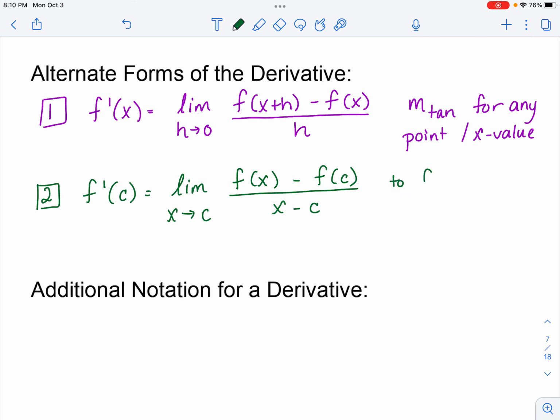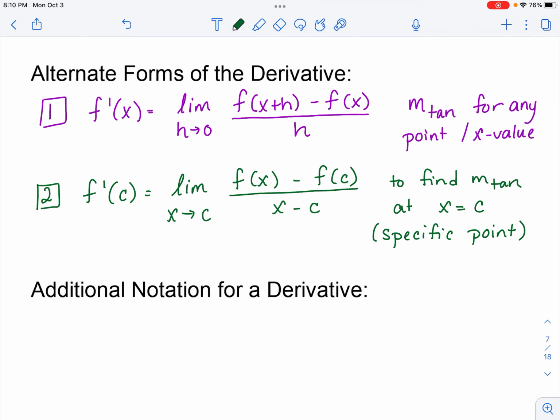Well, this is used to find the slope of the tangent line at x equals c, meaning at a specific point. Now, this secondary form in green actually comes in really handy when we're trying to find the slope at a particular point because there's a little bit less algebra involved in most cases, all right?